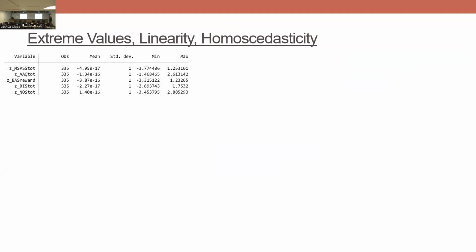Okay, all right, going to switch over and look at extreme values, linearity, and homoscedasticity, okay? Again, this is stuff I ran in Stata. Any concerns with extreme values? What do you think, Danielle?